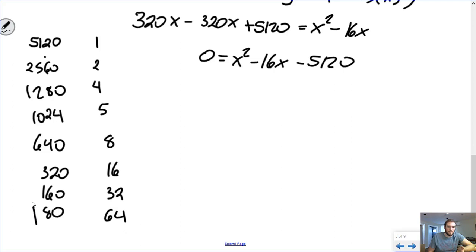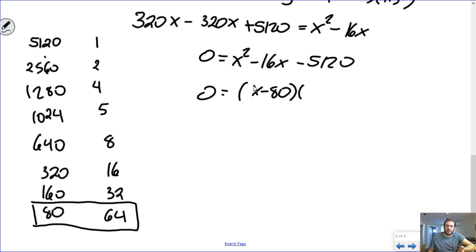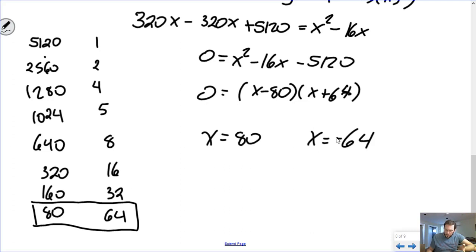And right there, the difference of these two factors is 16. So now I know that this is x minus 80 and x plus 64. So my answer now is x is either equal to 80 or x is equal to negative 64.